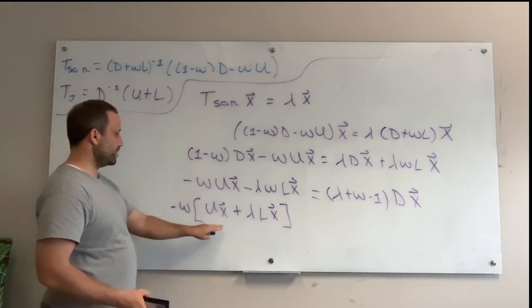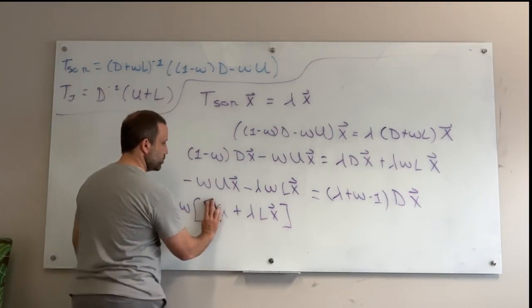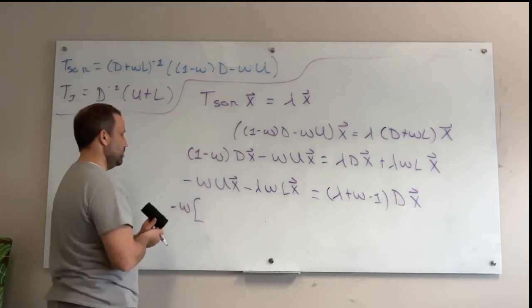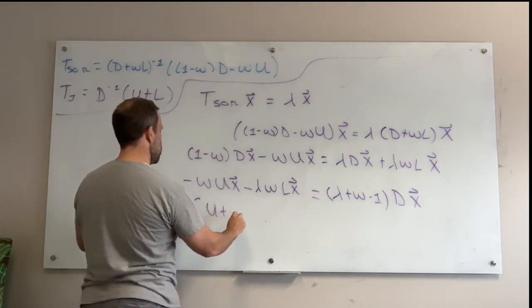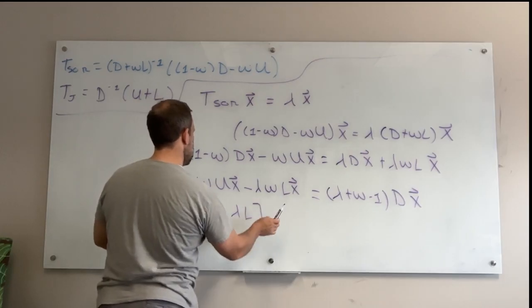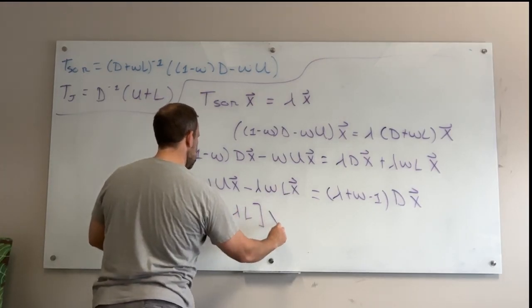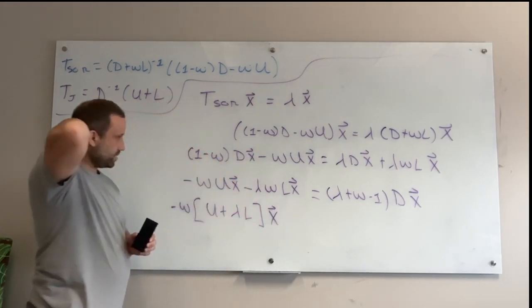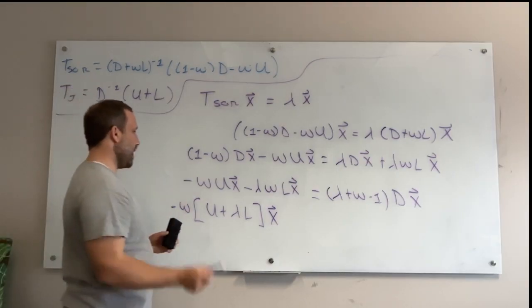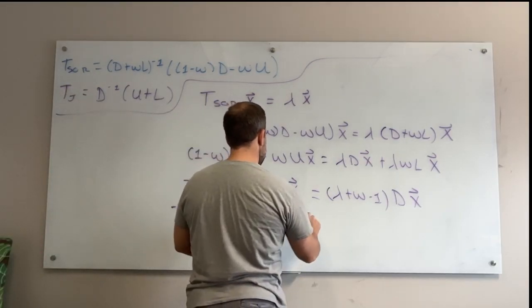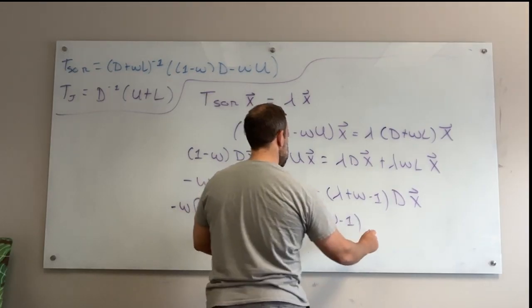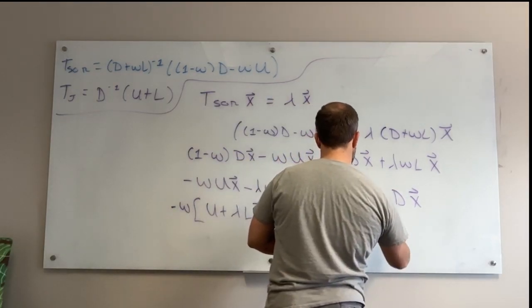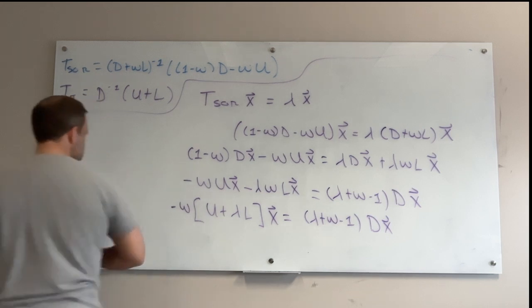And in fact, there's an x in both terms here, so we're going to factor that out on the right. So we get (U plus lambda L) times x. And then on the right-hand side we have lambda plus omega minus 1 times Dx. Okay.